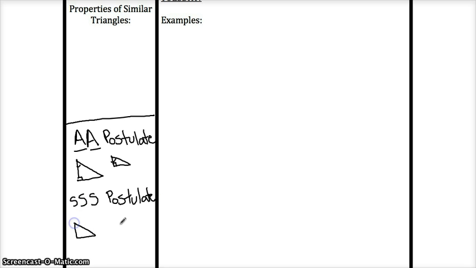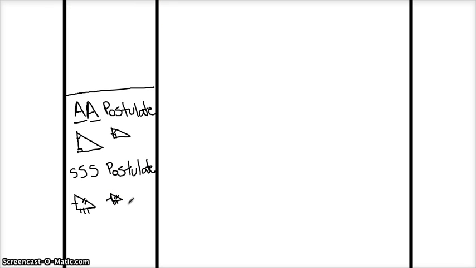So if you have the side lengths of two different triangles, and you know that they are proportional to each other, then you can determine that those two triangles are similar. And this is where we usually mark the 1, the 2, and the 3 tick marks to show which lengths correlate with each other. And then just remember, I'm going to write it in here, that they are proportional.